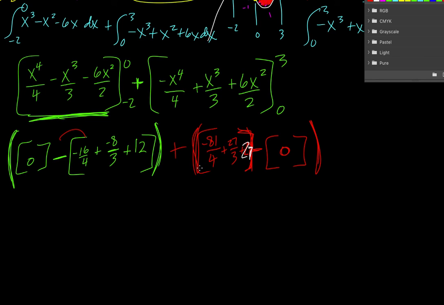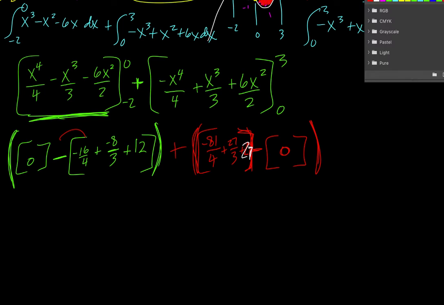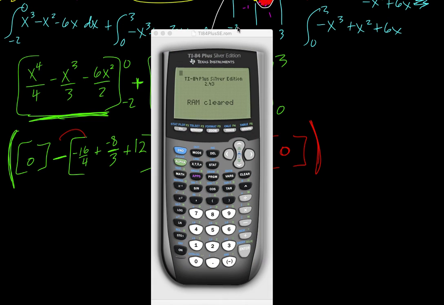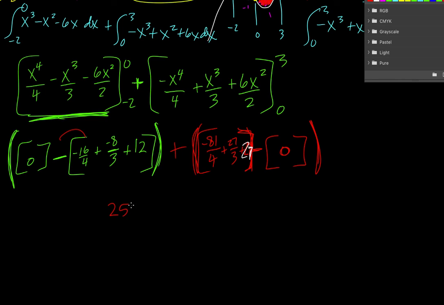So 12. If you do that, you should get 253 over 12. And that's units squared.